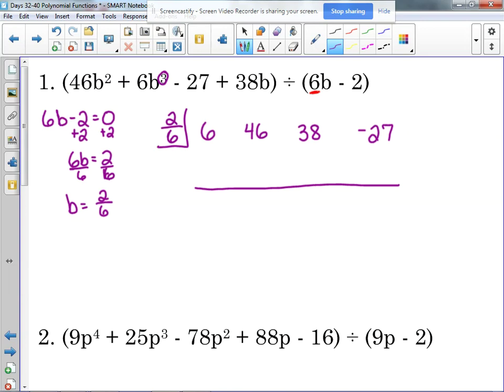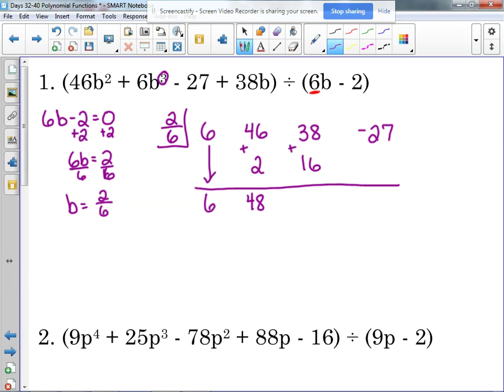Okay, so process remains the same. We still bring that 6 down. We multiply by the number on the shelf. 6 times 2 over 6 is 2. Use your calculator if you need. Okay, add 46 plus 2, 48. Multiply by the number on the shelf. 48 times 2 over 6 is 16.